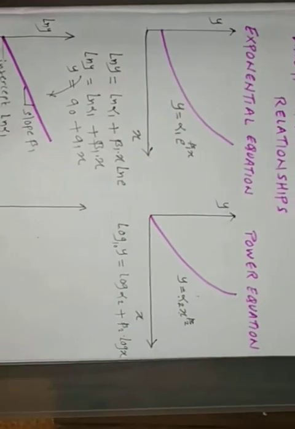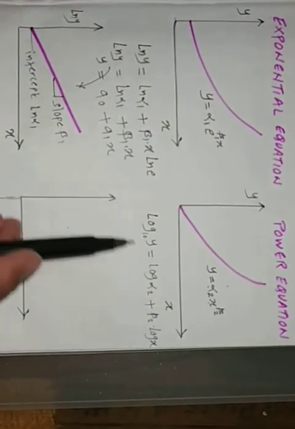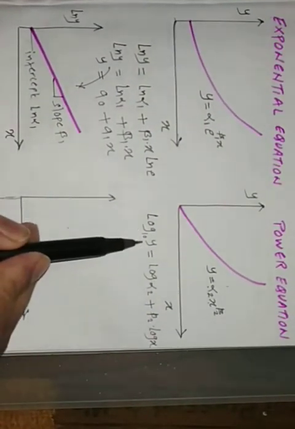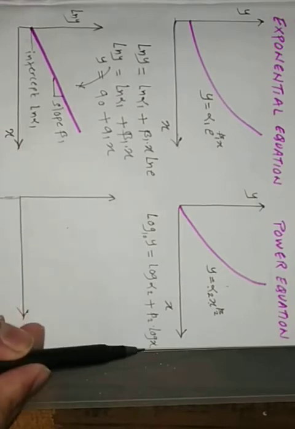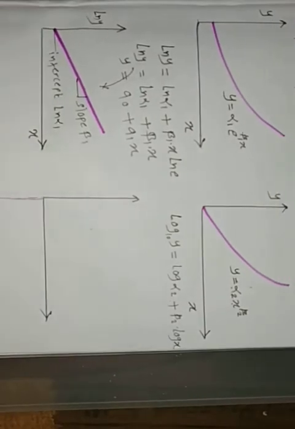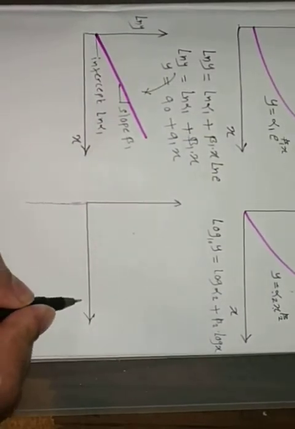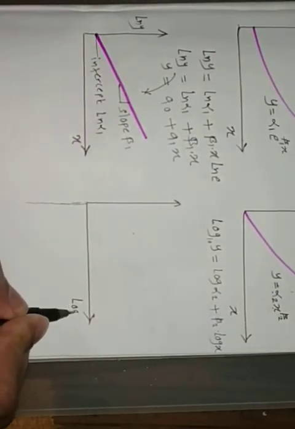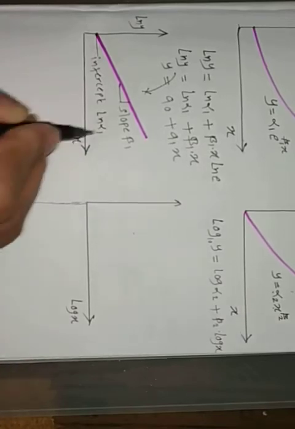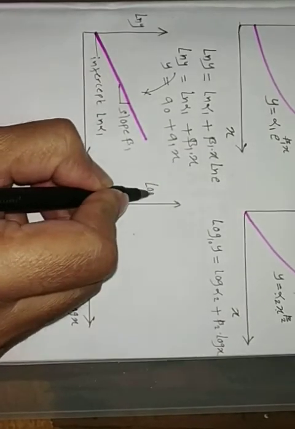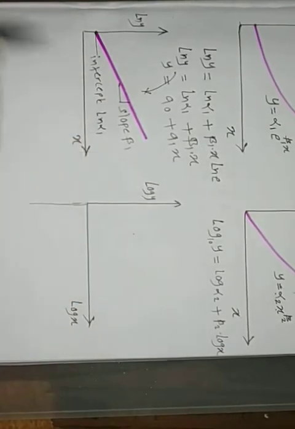So this equation is also linear, means log of y versus log of x. So here we can draw the graph. On x-axis take log of x to the base 10, y-axis log of y.